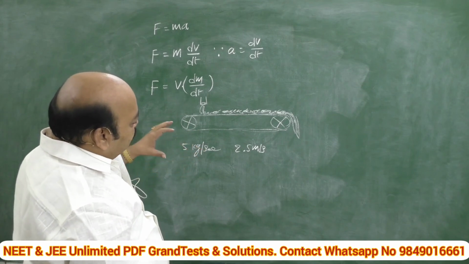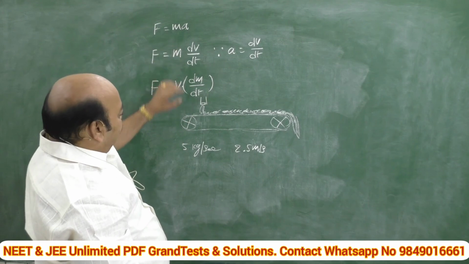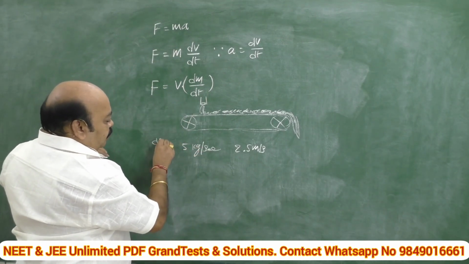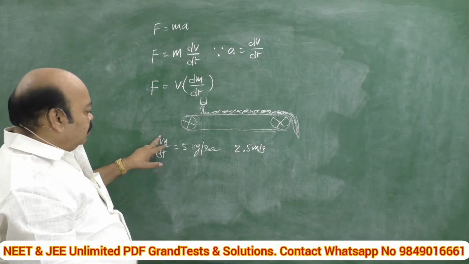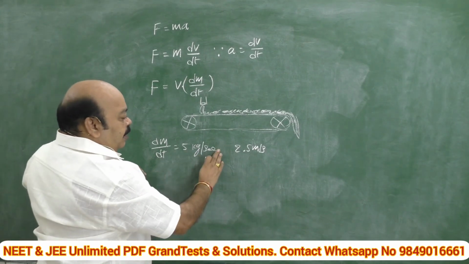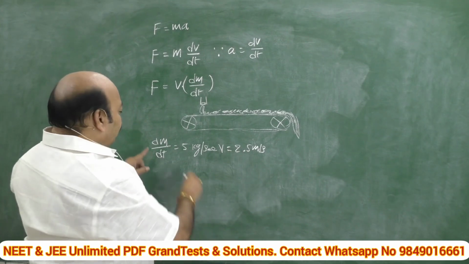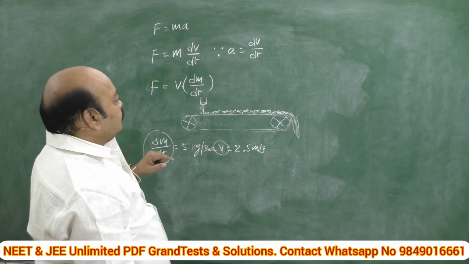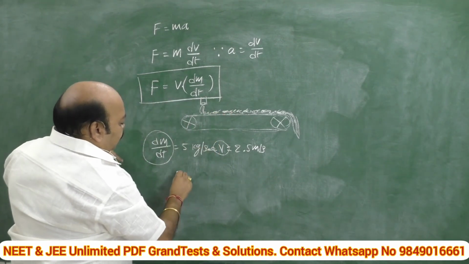Once we look at the unit of this one, it should come to your mind. See, 5 kg per second is nothing but dm by dt. Am I right? Mass by time, kg per second. It is to be maintained with a constant velocity V equal to 2.5 meter per second. So we have dm by dt and also V. If we substitute in this equation, we can calculate the force required.